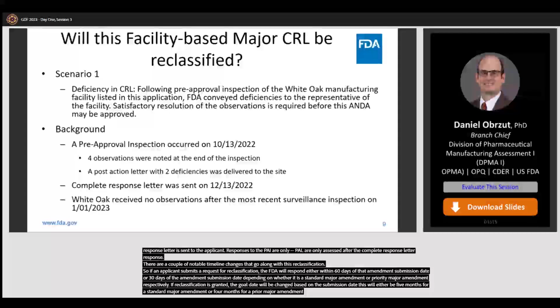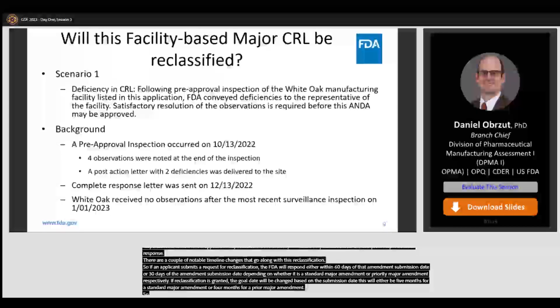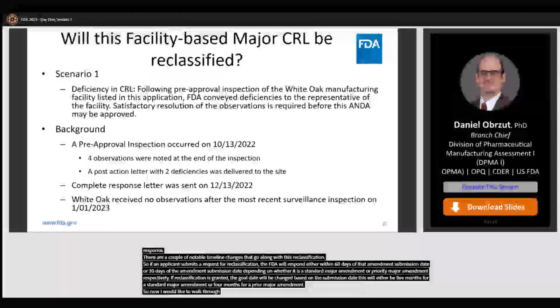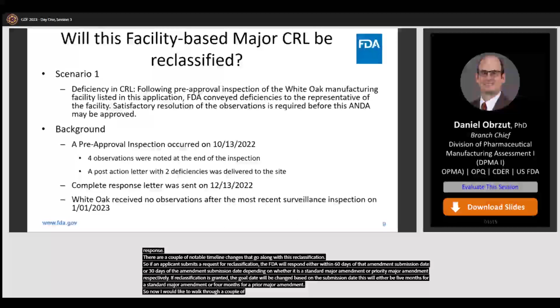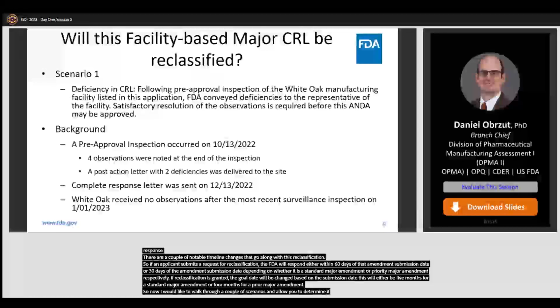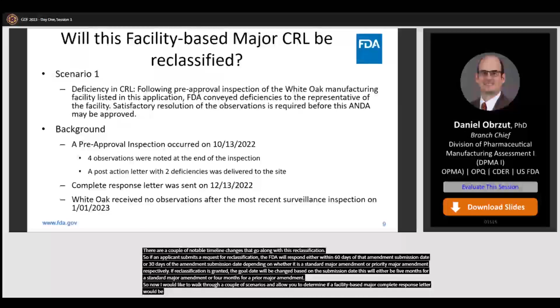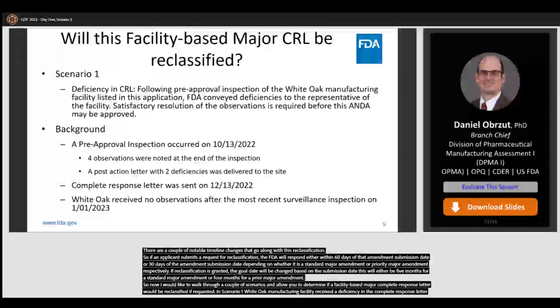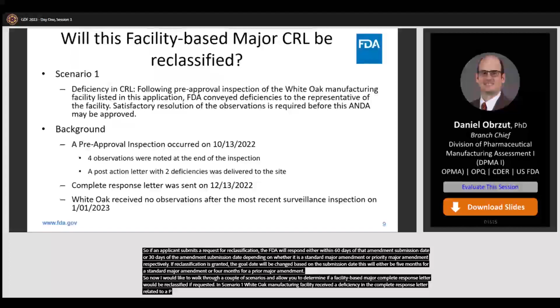Now I'd like to walk through a couple scenarios and allow you to determine if a facility-based major complete response letter would be reclassified if requested. In scenario 1, White Oak Manufacturing Facility received a deficiency in the complete response letter related to a PAI. The PAI occurred on October 13th, 2022.